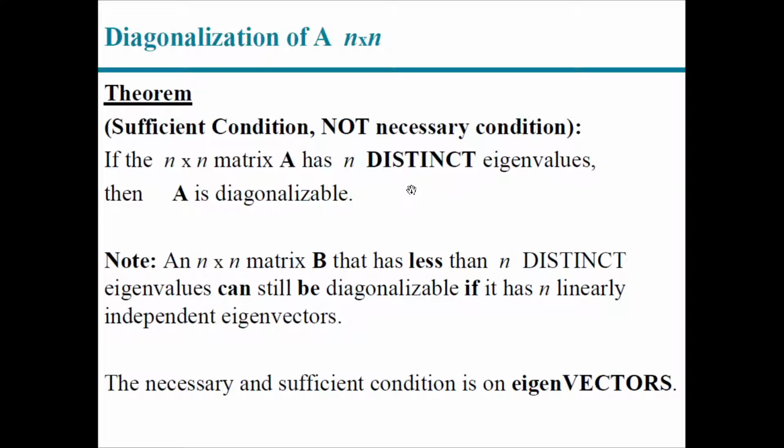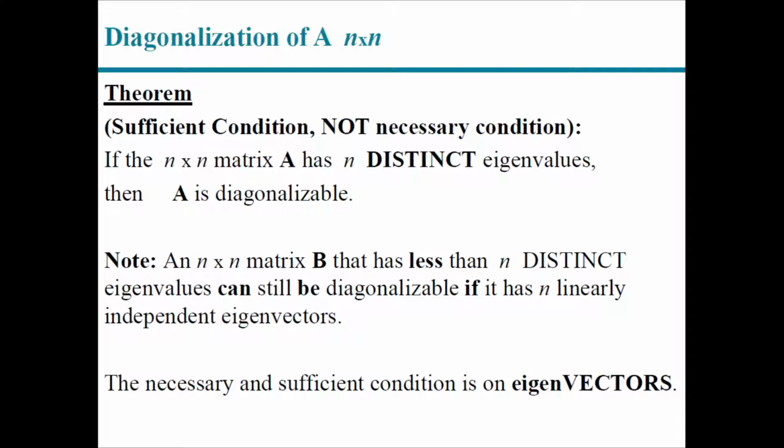The only thing is, when the eigenvalues are all different, each one of them is of algebraic multiplicity 1, therefore of geometric multiplicity 1. Therefore, we have n linearly independent eigenvectors. By now, we already know that eigenvectors that are associated to different eigenvalues are linearly independent.